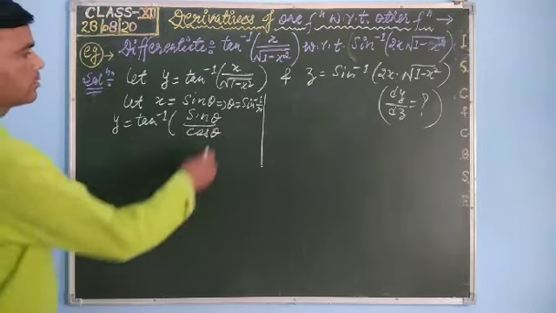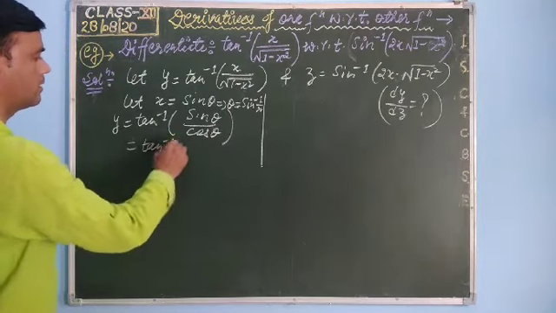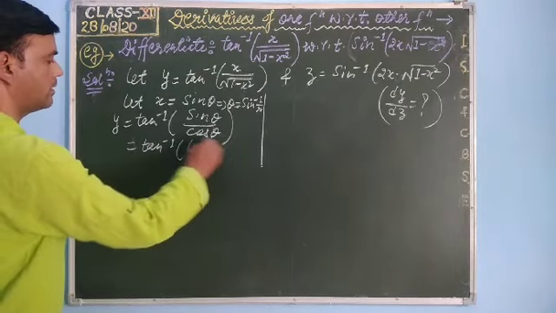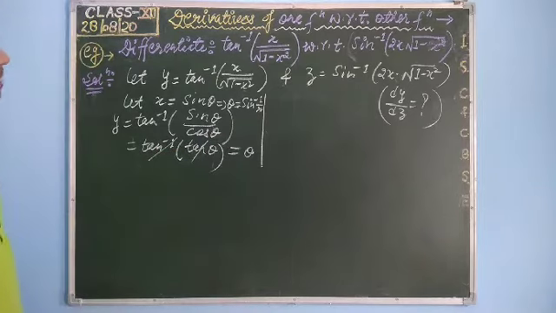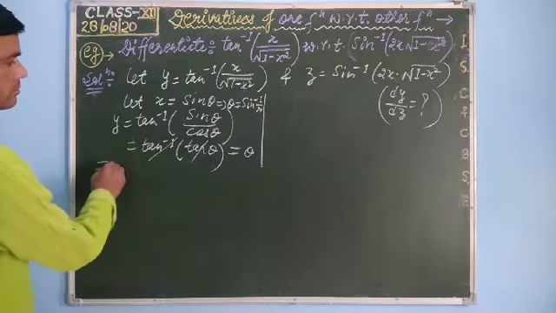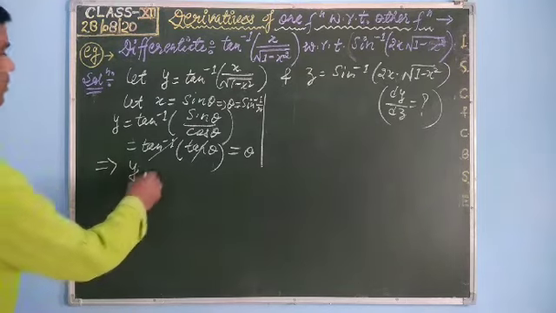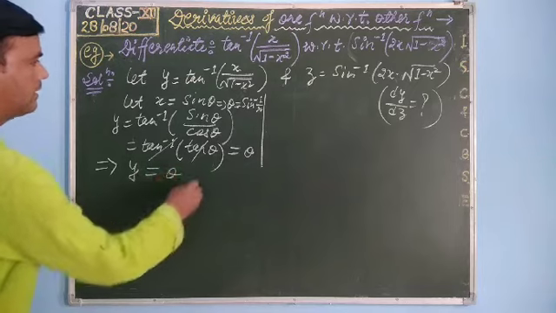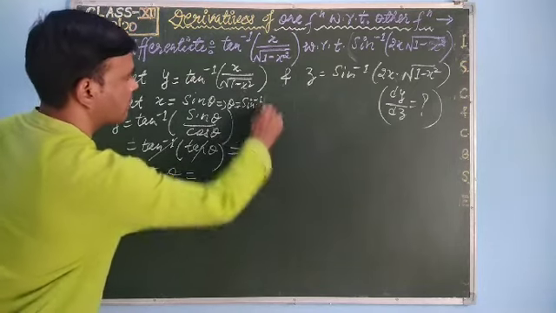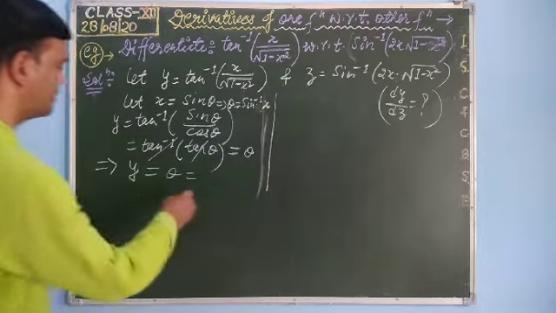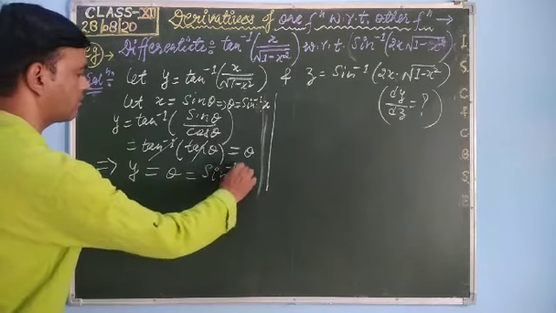Okay, so this becomes tan inverse of tan theta, and this will be cancelled out, and we get theta. So now simply we have y is equal to theta, and theta is simply sine inverse x.